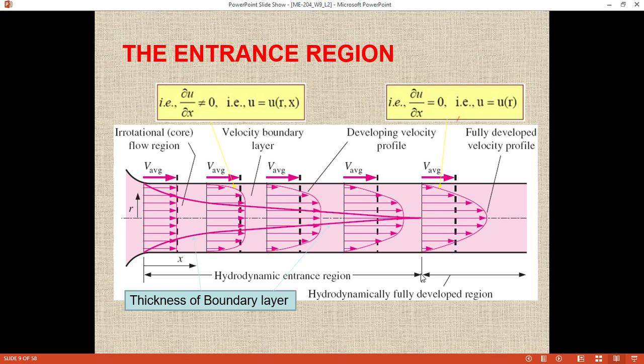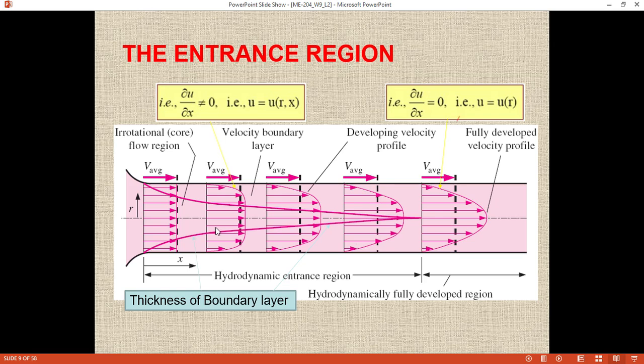This is also called the hydrodynamic entrance region, because the dynamics of the fluid is continuously changing, okay. But at this point, one thing is very important to know, that the average velocity at every single point is the same, okay, since the diameter is not varying.